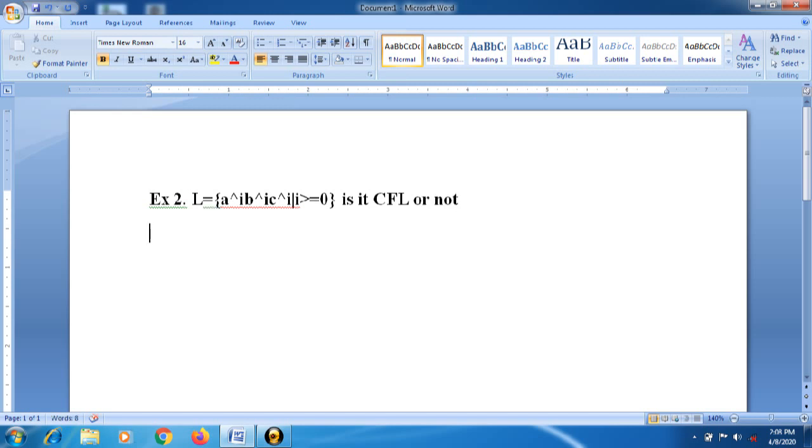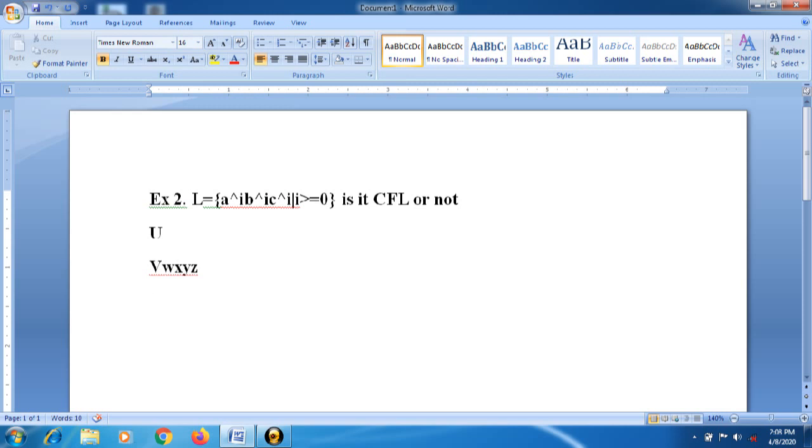So for proving such a language, we need to use the pumping lemma for context free languages. According to it, first we have to consider one string, that is u, and after that we have to consider five strings, that is v, w, x, y, and z, and then we will start our explanation.